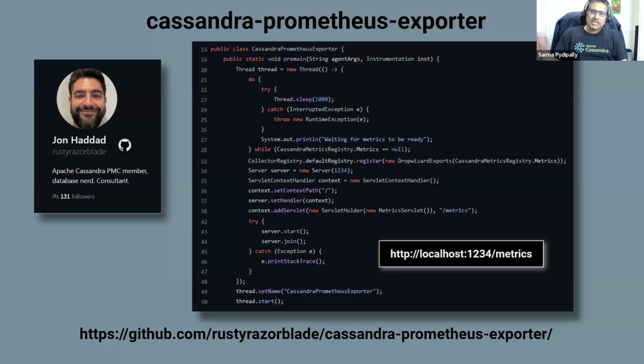What it does is basically register itself to the Dropwizard metrics registry. And whenever you go to this endpoint, it gives you all the metrics in Prometheus format. Now remember, there is a small issue here: you cannot take all 20,000 or 30,000 metrics and present them to Prometheus, because you need to add extra labels.